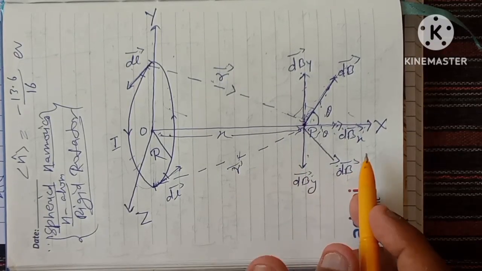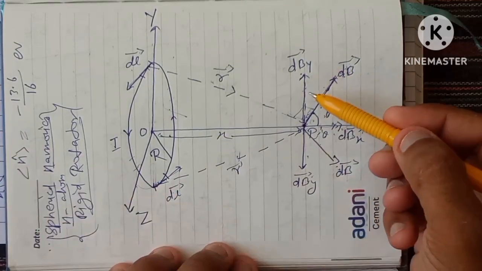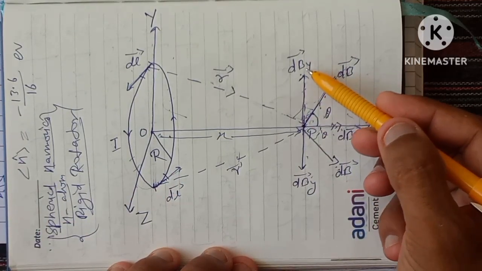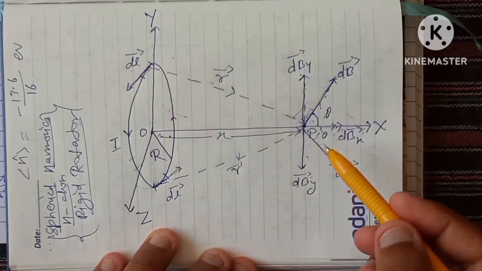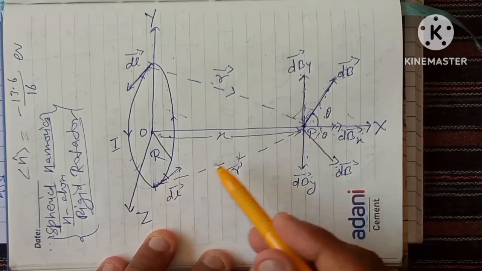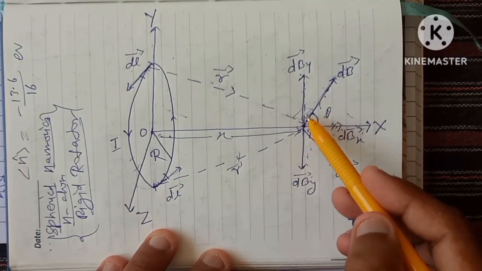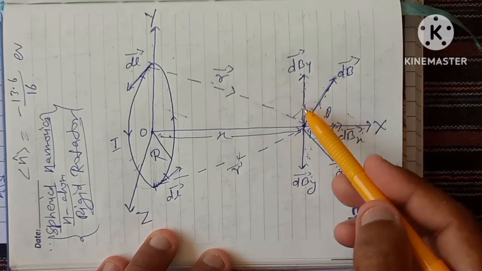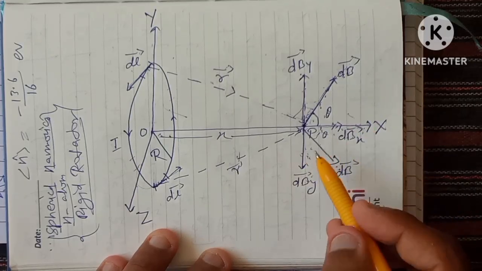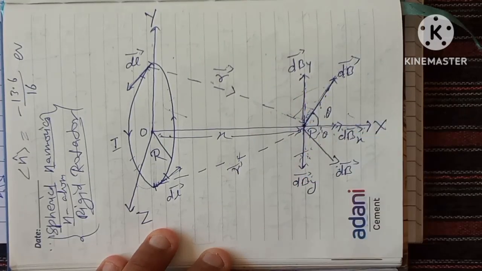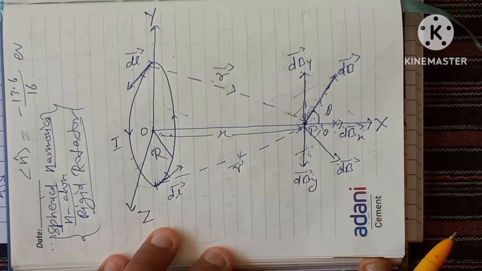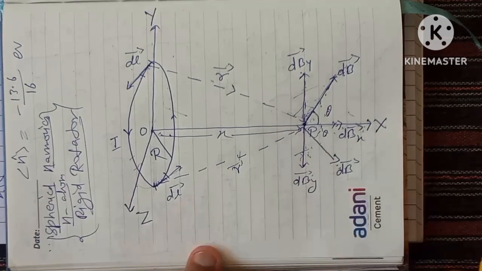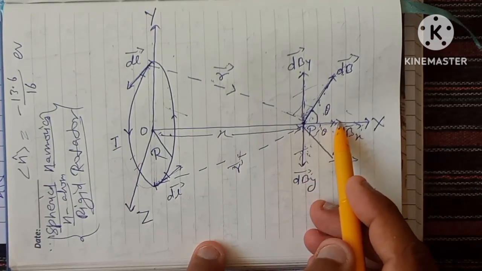First one is along the x-axis, that is dBx vector, and second one is along the y-axis, that is dBy vector. Here there is a crucial point: the dBy vector of this length element and the dBy vector of the other length element have equal magnitude, but the direction is opposite. So these two will get cancelled out and I will have only the component along the x-axis.